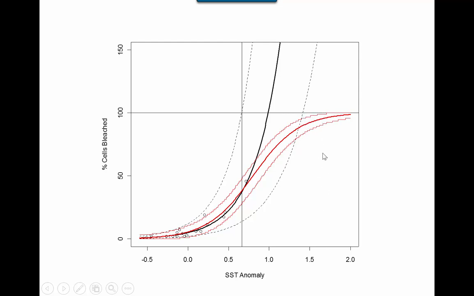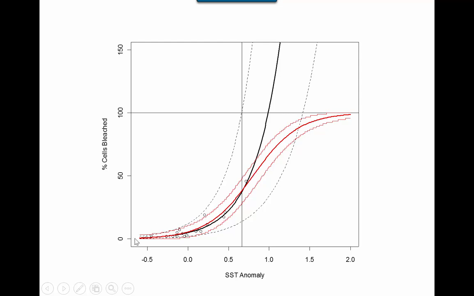So now we're going to end up with coral reefs being much more robust to temperature anomalies, or rather, perhaps not more robust, but it's going to take much higher temperature anomalies to cause a complete catastrophe. 50% of the cells bleaching is bad enough.